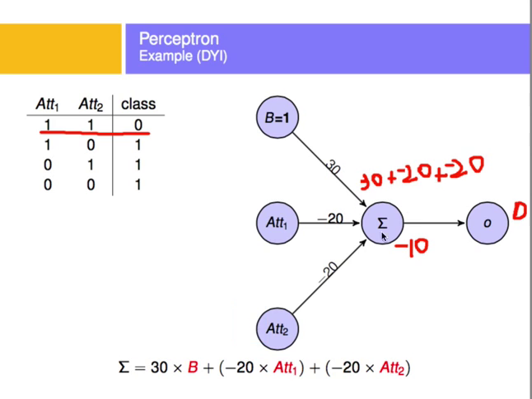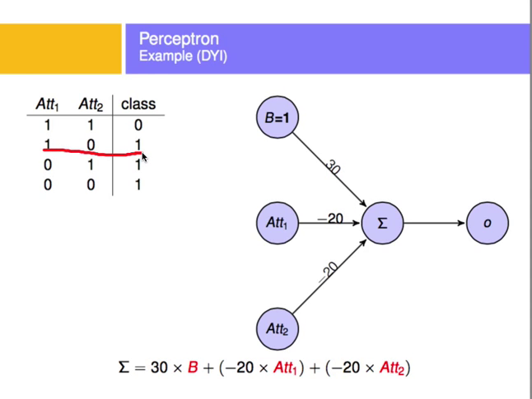Now, let's do the other one. Now let's do this example. Okay? 1 and 0. I'm going to put a 1 here and a 0 here. So this is 30 again. And this is the formula, by the way. 30 times b, which is 30 because b is always 1.